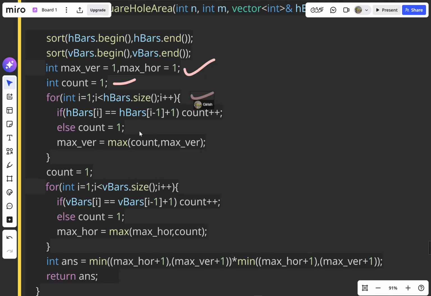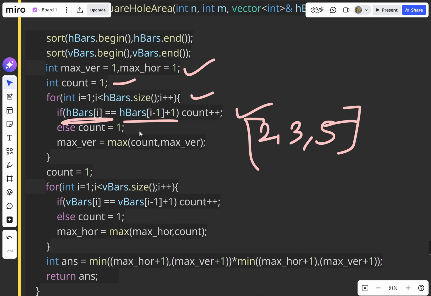Okay, after that we are running the for loop for h bar. And we are figuring out that h bar of i is equal to h bar of i minus 1 plus 1, in the case that 2, 3, 5 is there in the h bar.